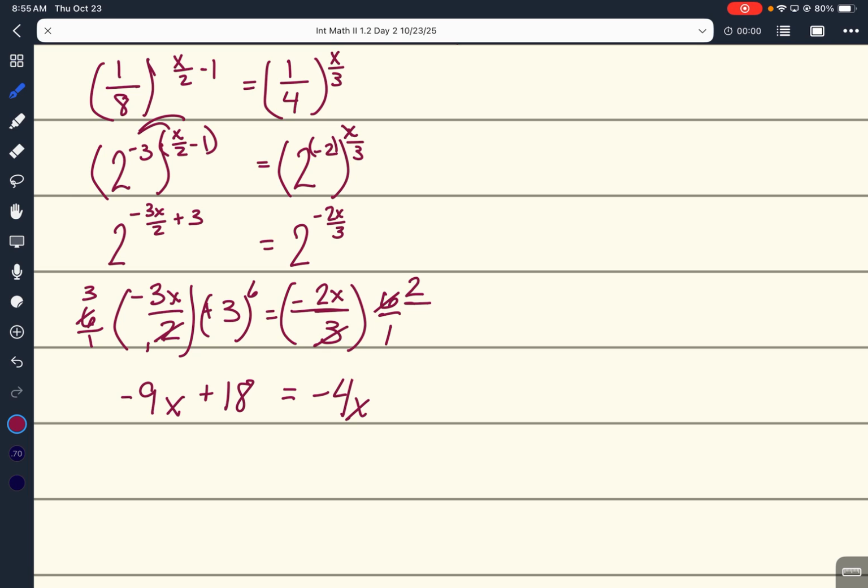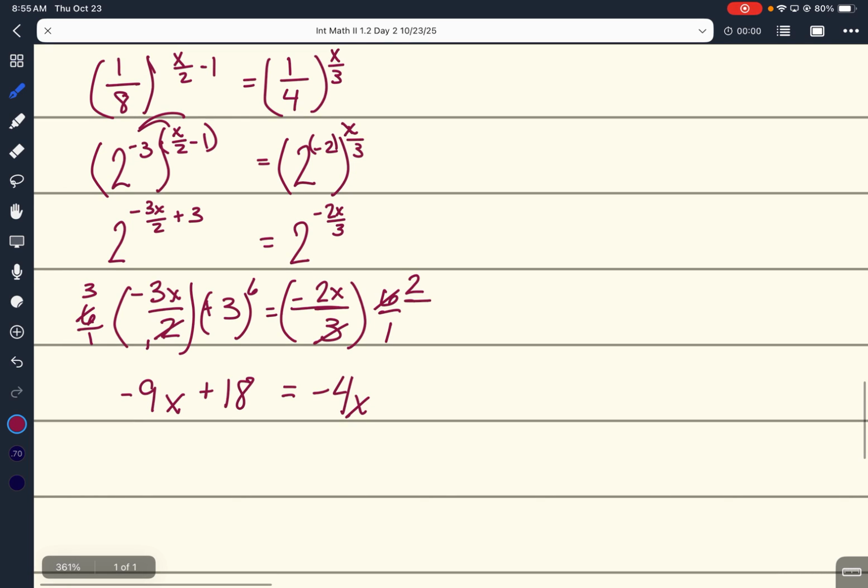And now do I just have a basic algebra problem that I've done a million times? Yes. So add 9, right? So 18 equals 5x. So divide by 5. So x equals 18 over 5.